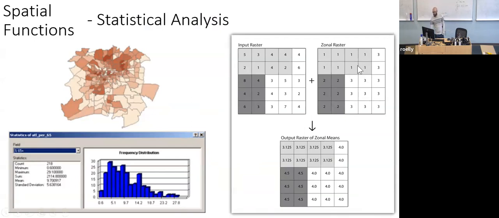So this could be one community, this could be another community, this could be another community, if you're trying to simplify your data a little bit. And then you could take a mean value. So you could say in community 3, the mean value for X is 4. And then that could be used later on in your model or whatever analysis.